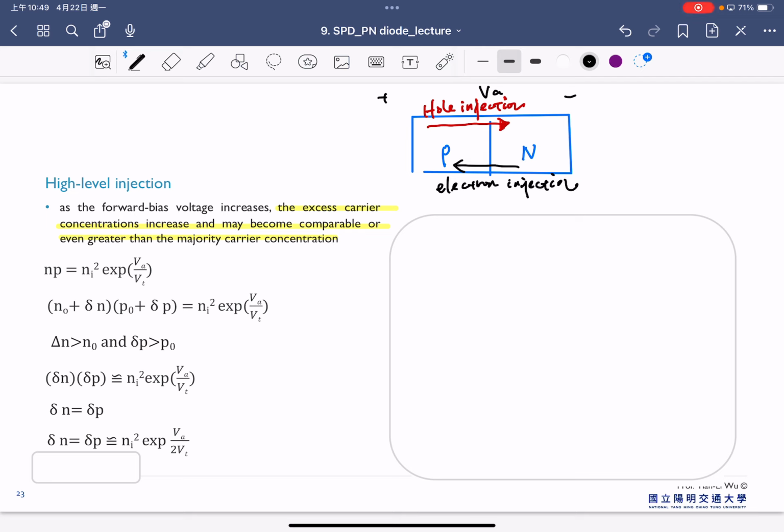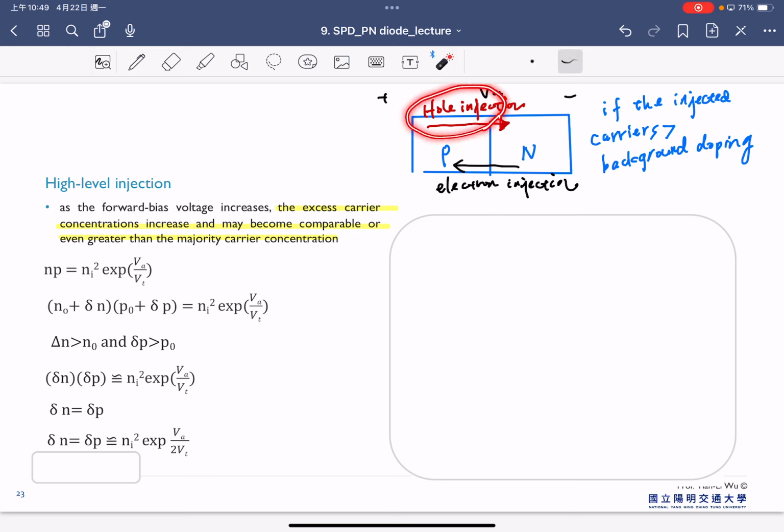We have the electron injection. But there is a chance that the injected carrier becomes larger than the background doping. That means you actually apply a very large bias.